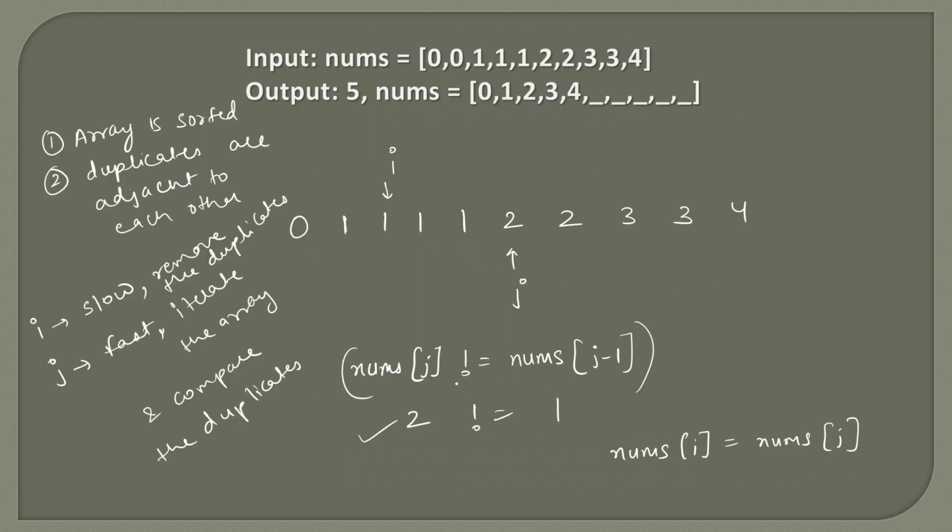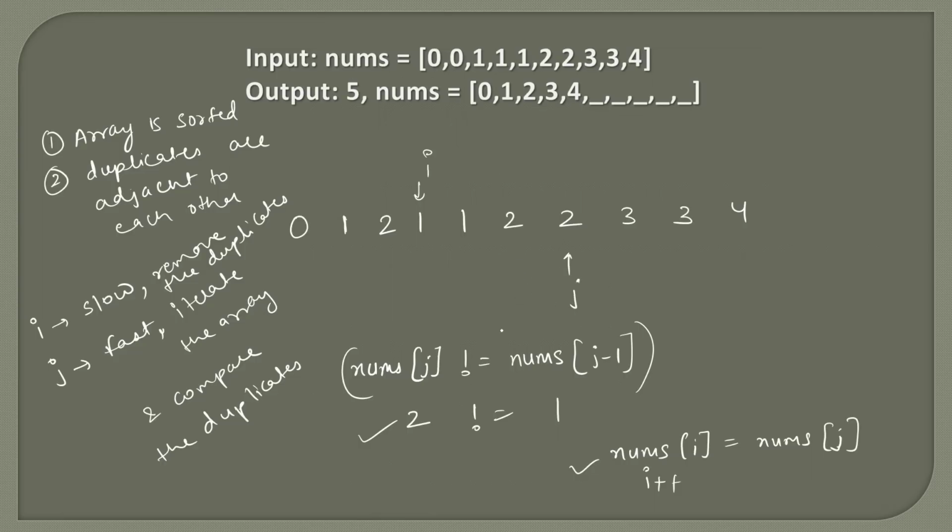So value at jth index, we simply assign it to value at ith index. So this 2 comes here and this 1 which is duplicate gets removed. After this assignment we do i++ because the next unique element will come here. So i comes here and j traverses ahead.